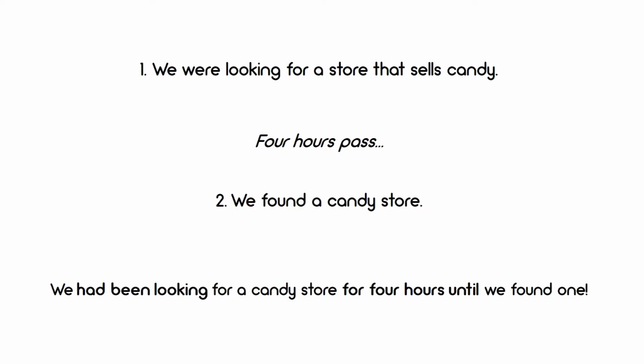So we use the past perfect continuous. We had been looking for a candy store for 4 hours until we found one. Remember, instead of until, you can also use when.